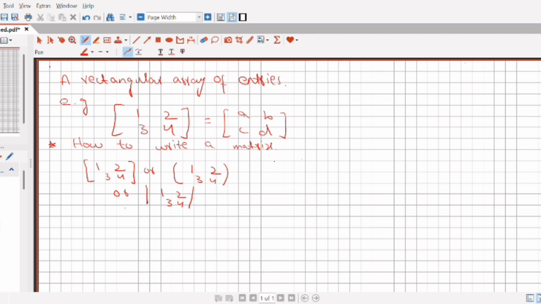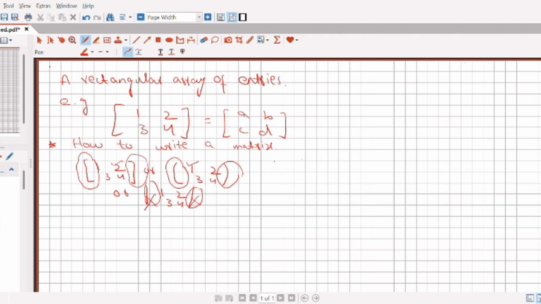As I already told you, the matrix should be in a rectangle, or we can write it in square brackets, or also in parentheses. But vertical lines are the sign of determinants. We can't write a matrix in determinant form. So the first two are correct and the last one is false.